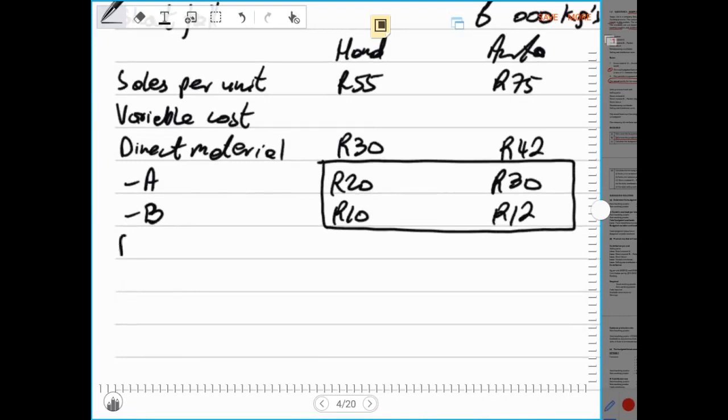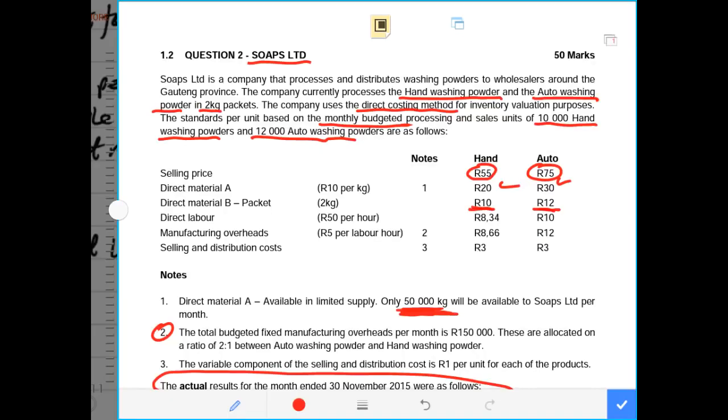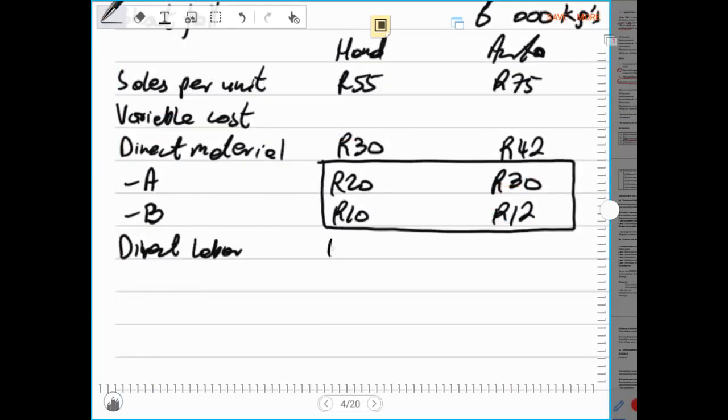Then after we record direct labor and we check the price of the direct labor per unit, and our direct labor was 8.34 and 10 Rand. Then after we have our variable cost.